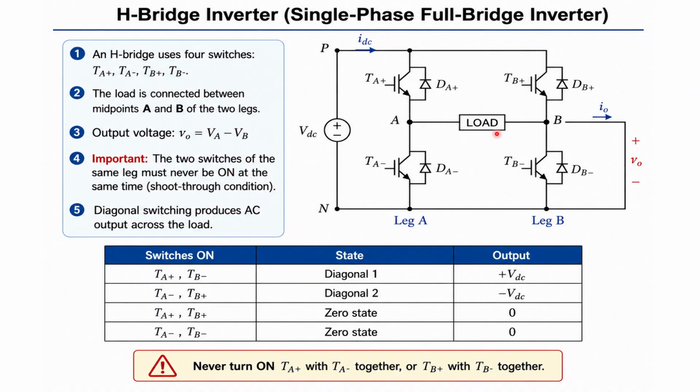The circuit contains these four power electronic switches, denoted by TA plus, TB plus, TA minus, and TB minus. TA plus and TA minus form the first leg, leg A. TB plus and TB minus represent leg B.